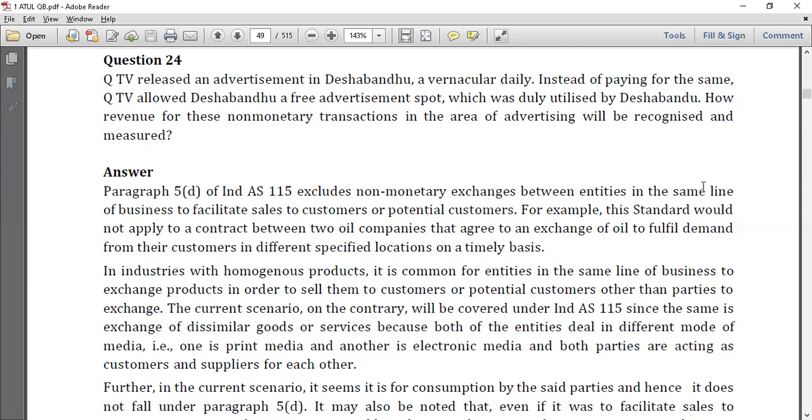In industries with homogeneous products, it is very common for entities in the same line of business to exchange products in order to sell them to the customer.